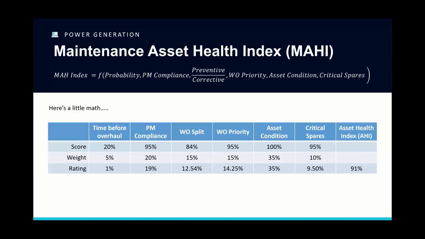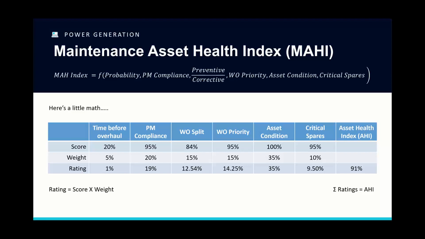Well, you can turn it off, so you have that option as well. At the end of the day, the final rating is just the score times the weight, and we add up all the different ratings to come up with the maintenance asset health index. In this example, it comes down to 91%, which means you're in very, very good shape.